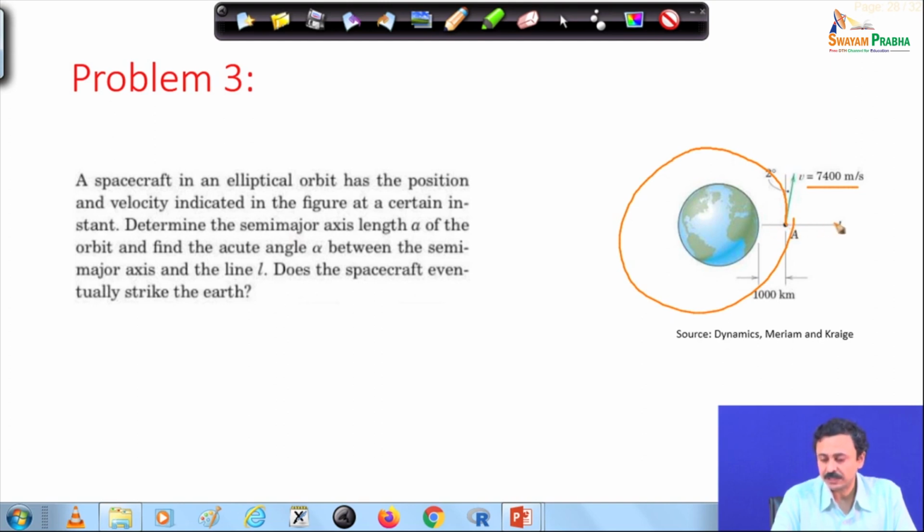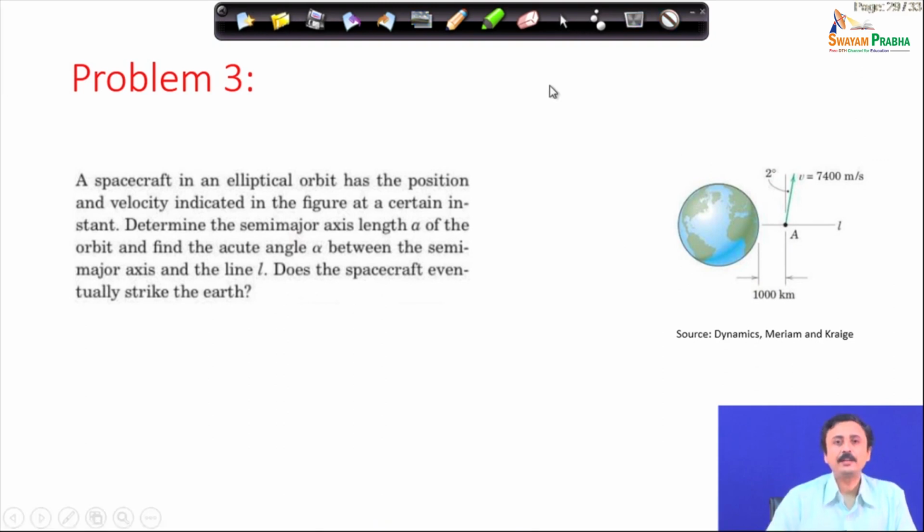Now, this vertical is defined in terms of this line L, and this point A is 1000 kilometer above the surface of the earth.